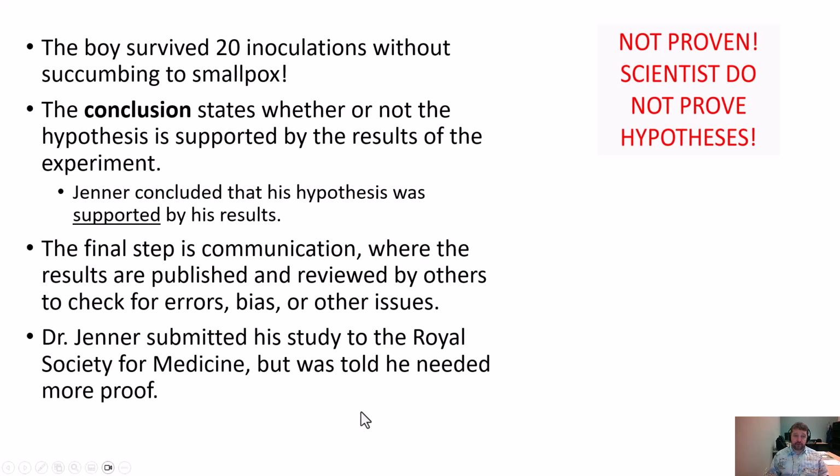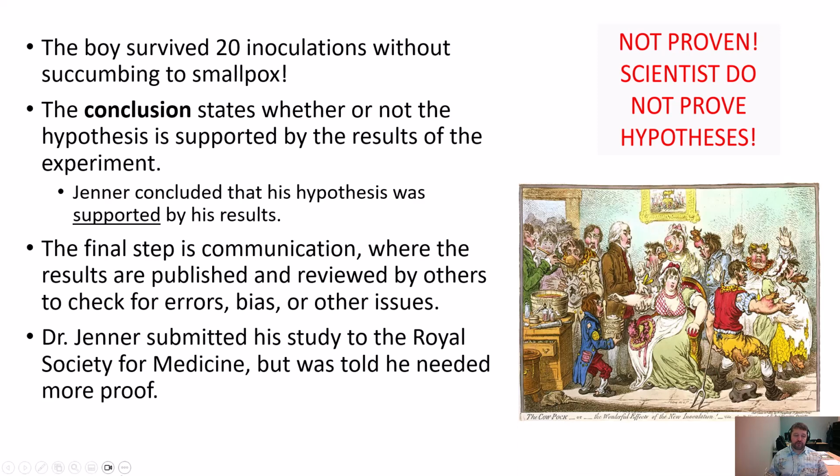But at any rate, often when these studies occur, the general public gets wind of the research, or maybe a newspaper grabs it before a journal publishes it. The newspaper might publish early results, and that can cause a lot of issues, and it did in Jenner's case.